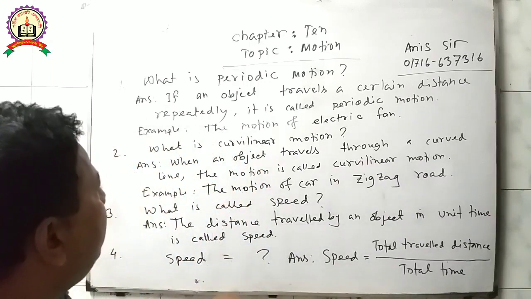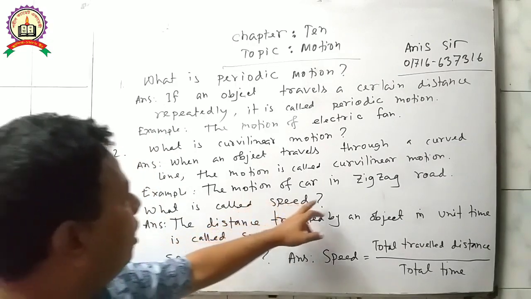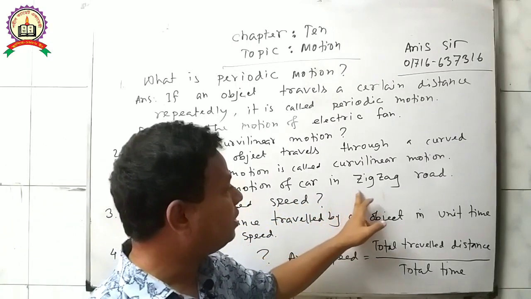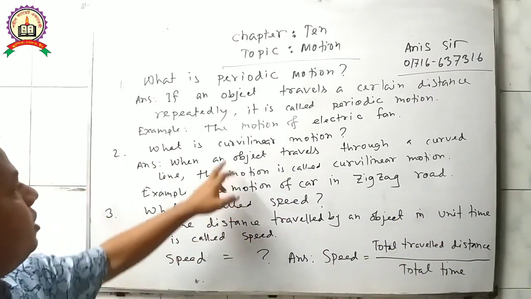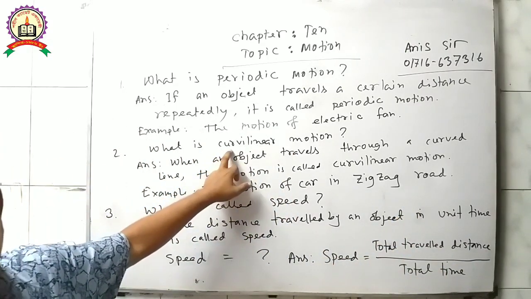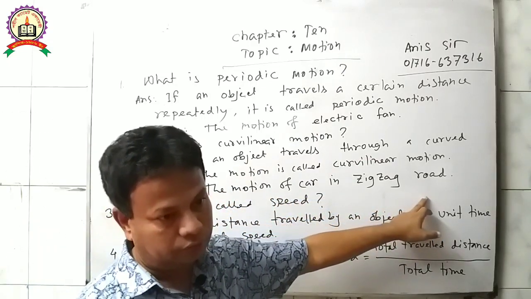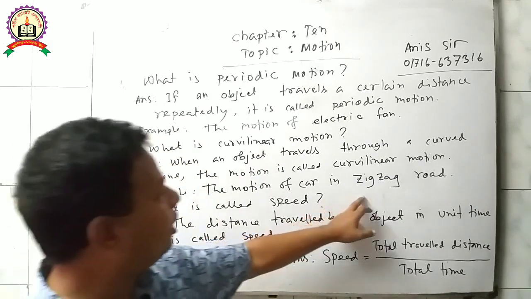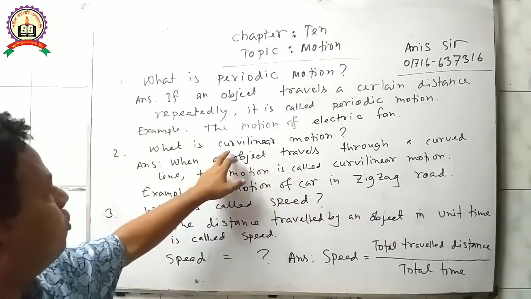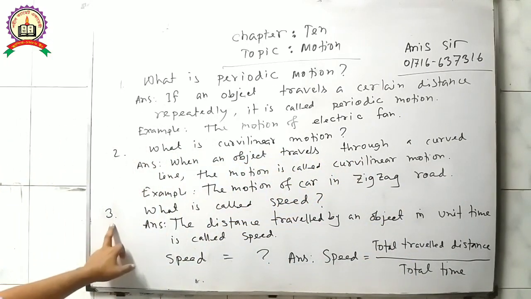When a car moves on a zigzag road, the motion created is called curvilinear motion.